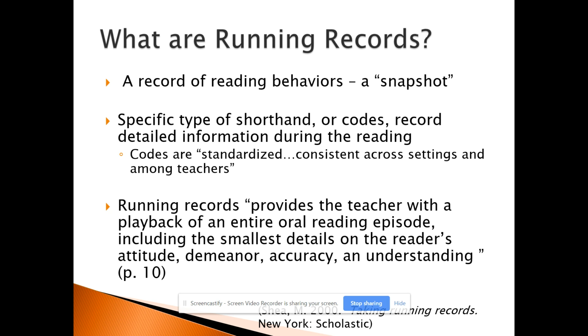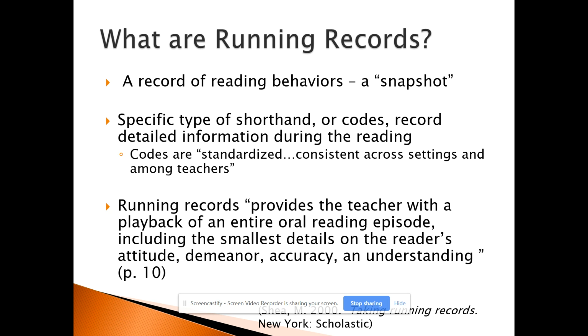The codes are very consistent. They don't differ depending on the teacher or what text is being read or what level the student is. The codes that we use to code a running record are universal. Every teacher learns these same codes and every teacher uses essentially these same codes when they use these assessments.